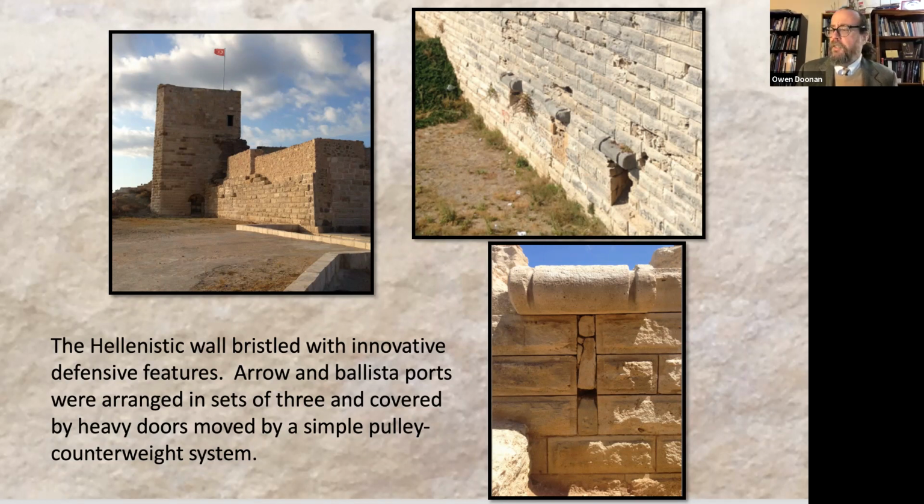For example, the Helepolis of Demetrius Poliorcetes in the siege of Rhodes is said to have had these very impressive shutters over the ballista and arrow ports, and so that would be a feature that would be literally state of the art for the early decades of the 3rd century BCE.